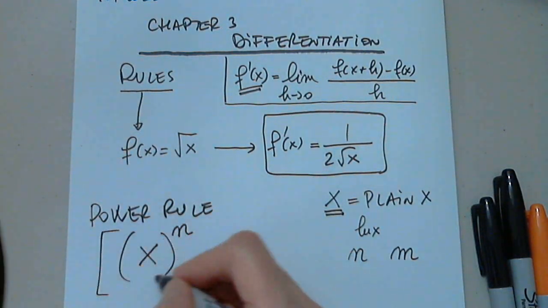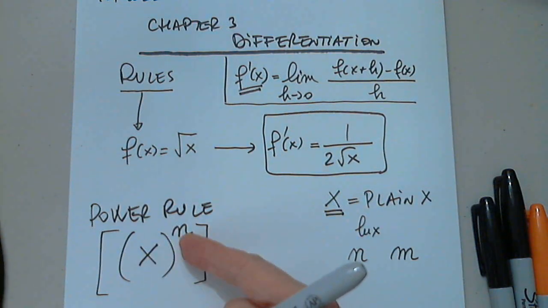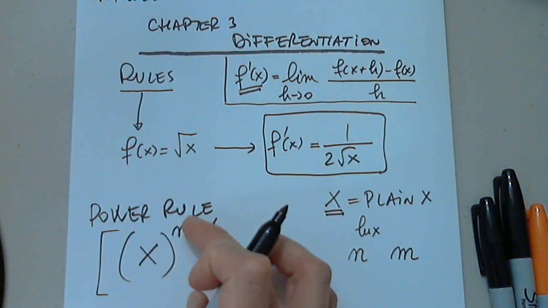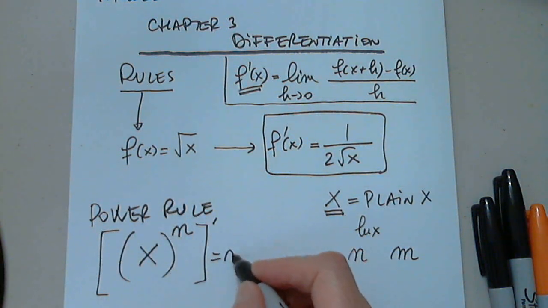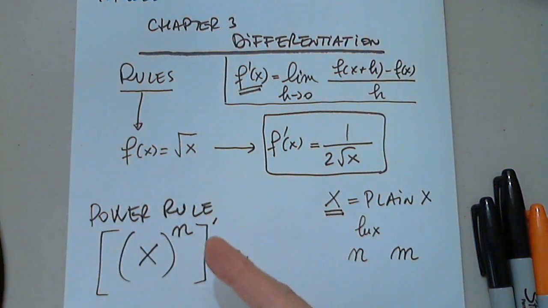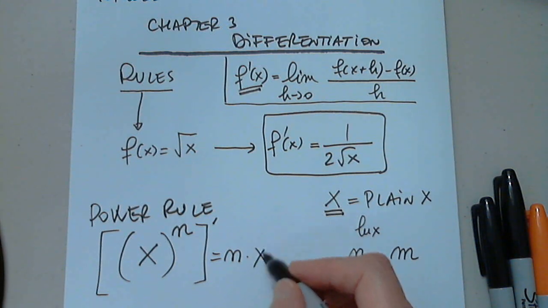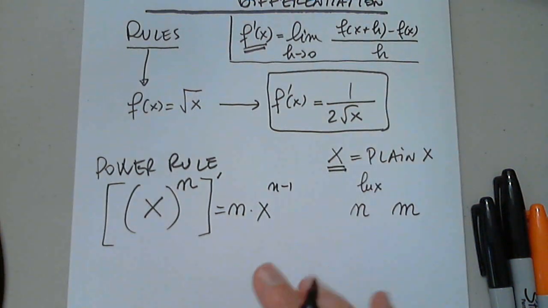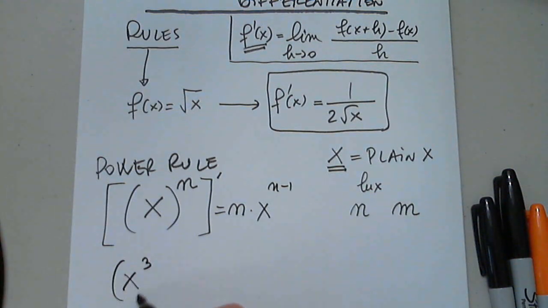But if we want to differentiate x to the power n, the rule says this: bring n in front, whatever it is, and subtract 1 from the power. So, for example, if we have x to the 3rd power prime, can anyone give us the answer? It's 3x squared. Very good.